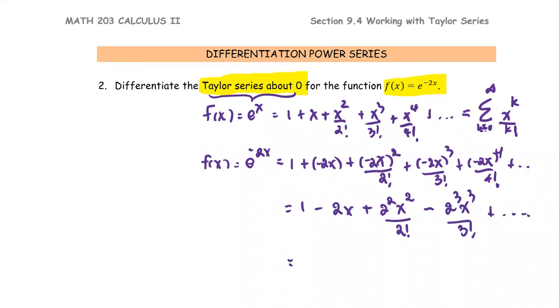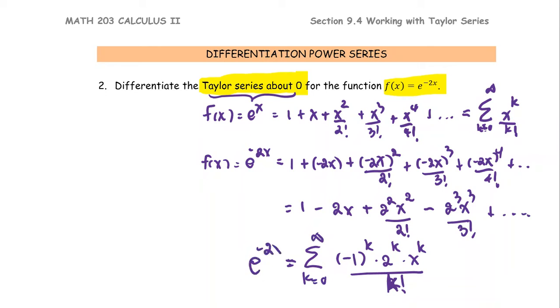In the alternating series form, the summation is negative 1 to the power k multiplied by 2 to the k, x to the k, divided by k factorial, k equals 0 to infinity, for e to the negative 2x.